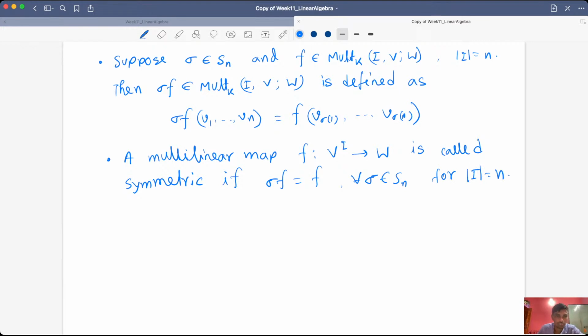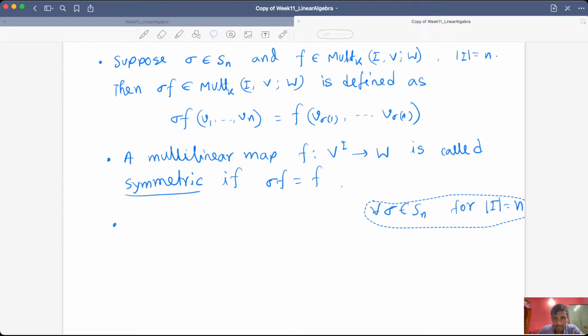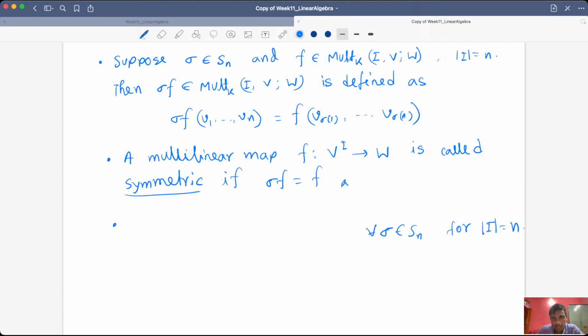Similarly, a multilinear map is called alternating if sigma f equals sign of sigma times f. Sign of sigma is defined as follows: you can write each permutation as a product of transpositions, and sign of sigma is defined as (-1) to the power of the number of transpositions.